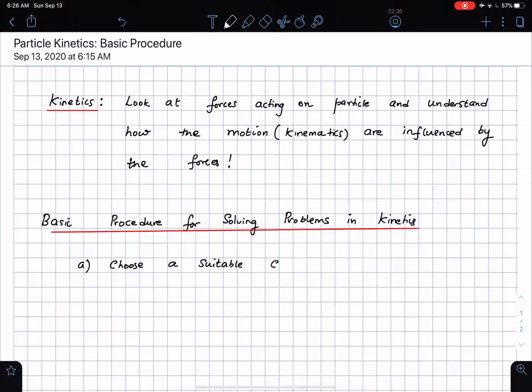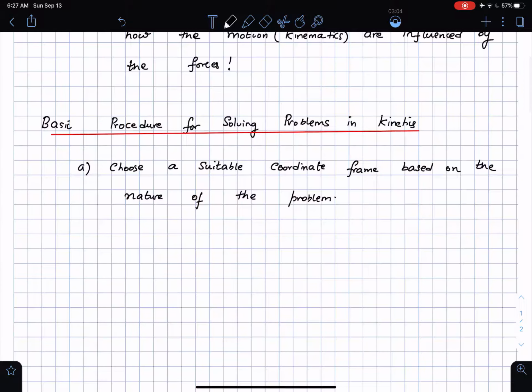Choose a suitable coordinate frame based on the nature of the particle motion or the problem. Here you have several choices.